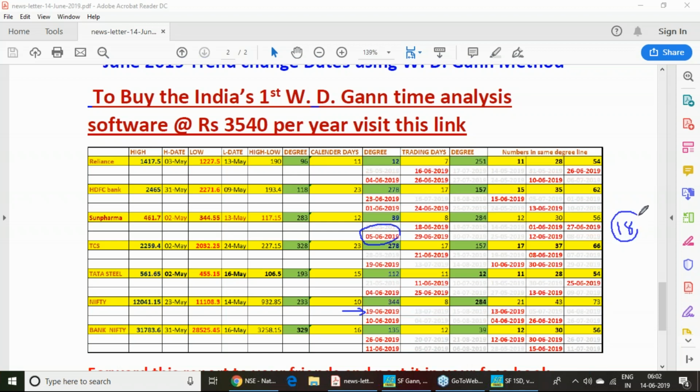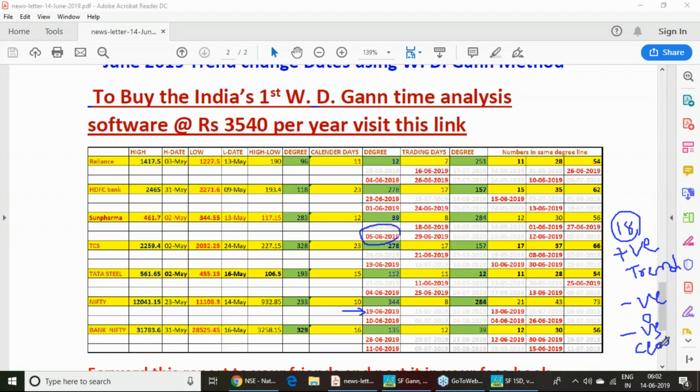17th is a working day, 18th also is a working day. So on 18th, if it has a positive trend closing, I am repeating the term, positive trend closing, not just closing, trend closing, then on 19th it will have a negative open or negative close.